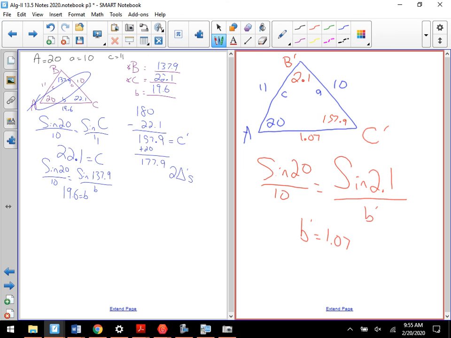And once again, you'll notice the biggest angle has the longest side, the smallest angle has the shortest side. Right? Because in essence, what's happening here is our one angle was what, 157.9, so that's like here. This whole angle here. And then it came over, the other one was 2, so that's a really small angle over here.